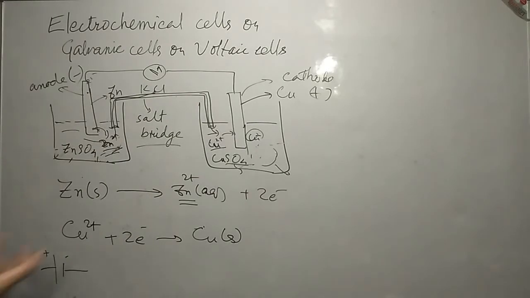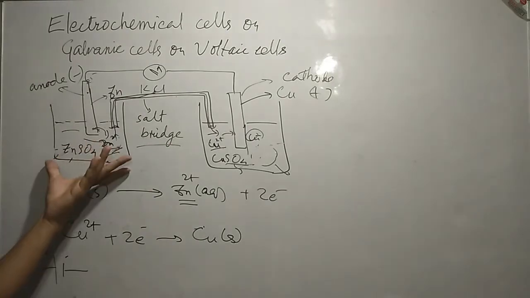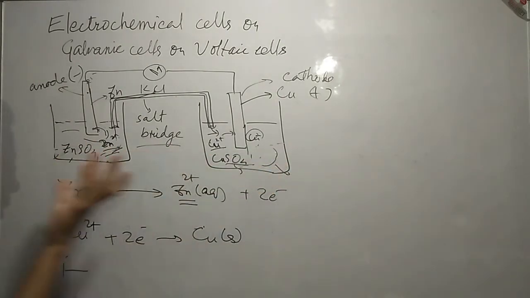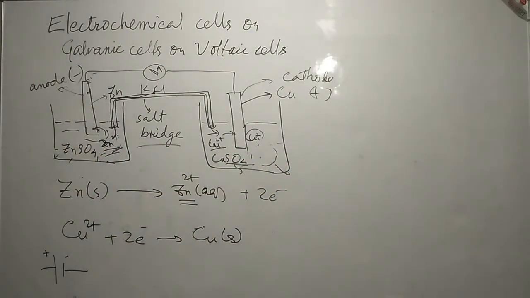When we consider these two beakers where the electrolytes are present, we make sure that they are electrically neutral in both the containers. When the circuit is complete, the zinc gets oxidized and forms Zn2+.